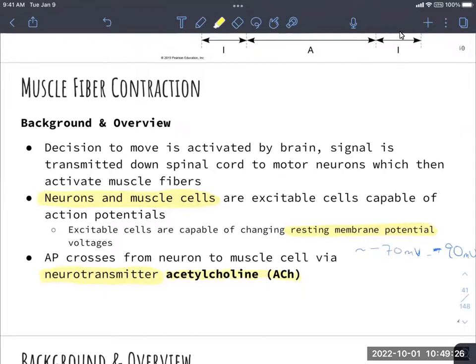Acetylcholine, part of it is made in the cell body of the neuron. The rest of it comes from, we'll learn the names, dendrites, which are the little finger-like projections that come off of the cell body.